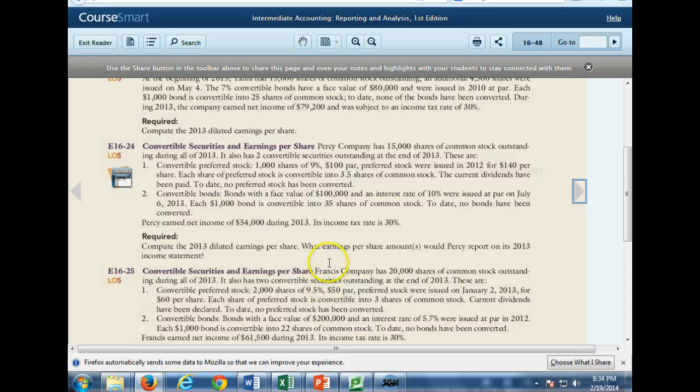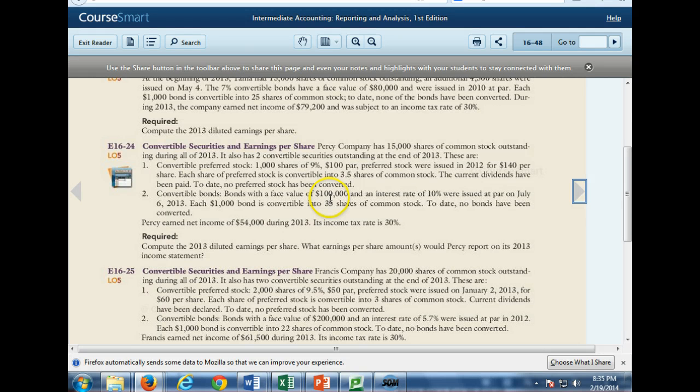Okay. Interest tax savings. So the bond interest expense savings, increment in common shares. How many common shares do we get if we can convert 100,000, which each $1,000 is convertible into 35 shares, right?